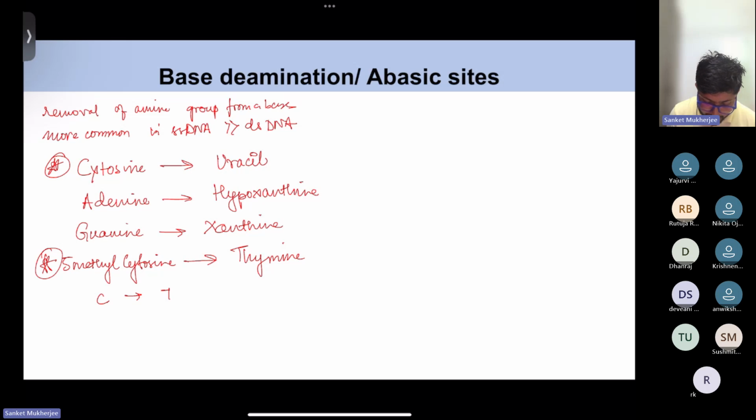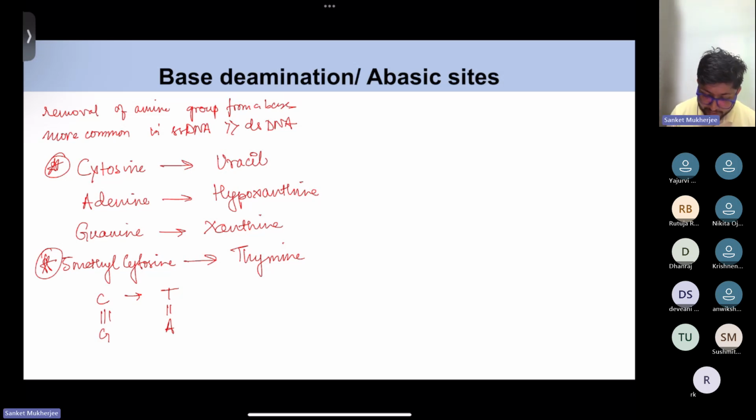Instead of C, which is complementary to G, now we will have T in that place, which will be complementary to A. So with a normal process of replication also, we will have a DNA substitution that is incorporated permanently in the cell, right?